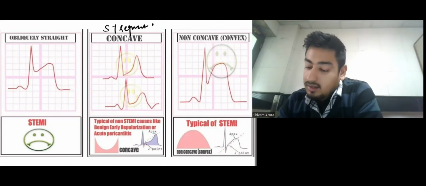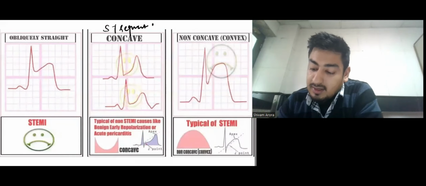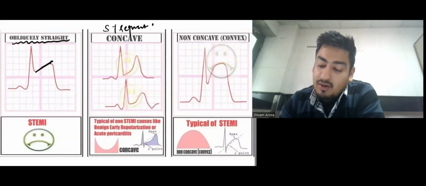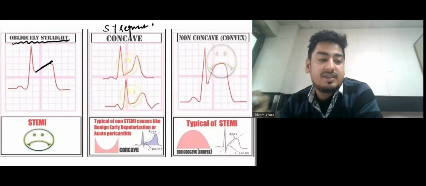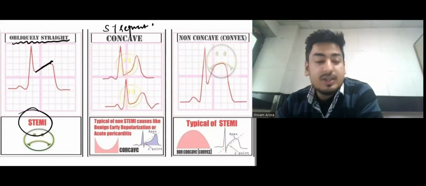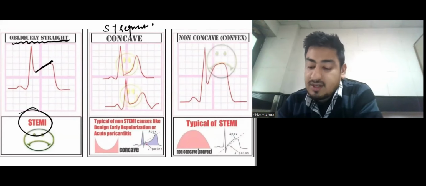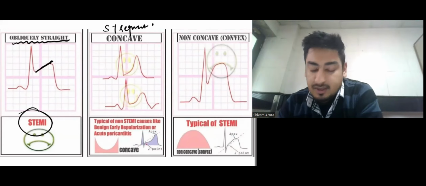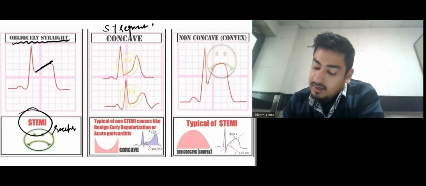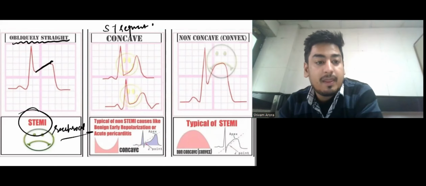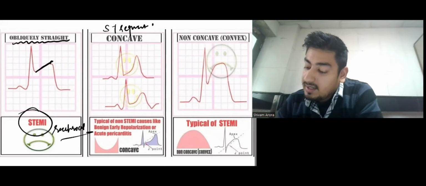Okay. Now, this kind of ST elevation, in which the ST segment elevates in an obliquely straight way, mostly represents STEMI. Also in STEMI, we have reciprocal depressions in reciprocal leads. In pericarditis, we have these types of concave ST elevations.